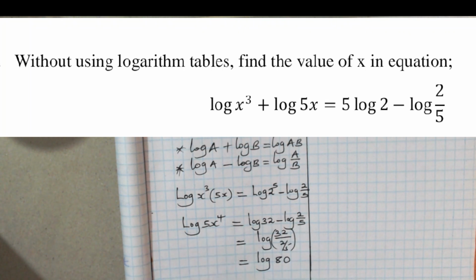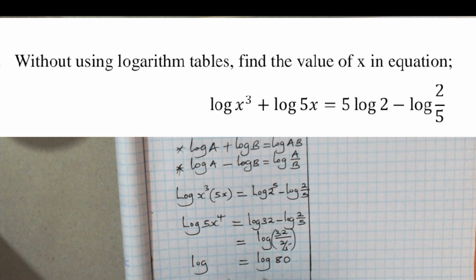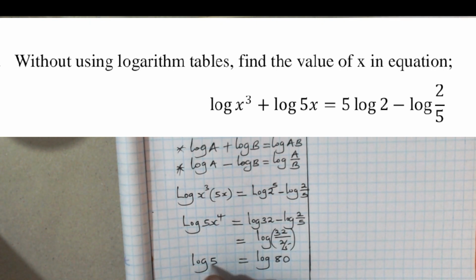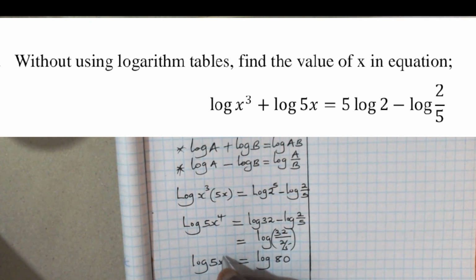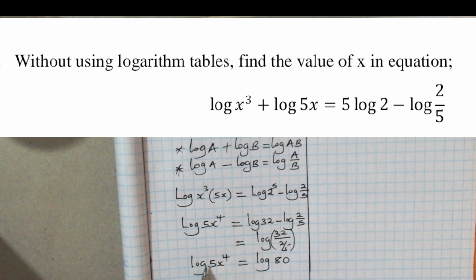The left hand side, remember what you got: logarithm of 5x raised to power 4. Now having these, you have the logarithm expressed in singular form on the left hand side, and on the right hand side we only have one term.